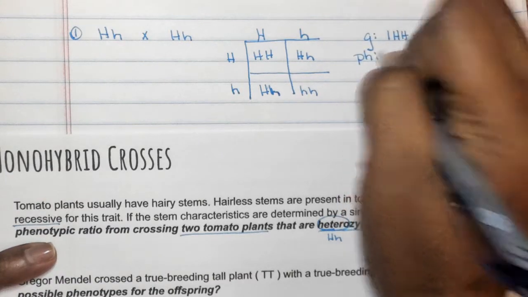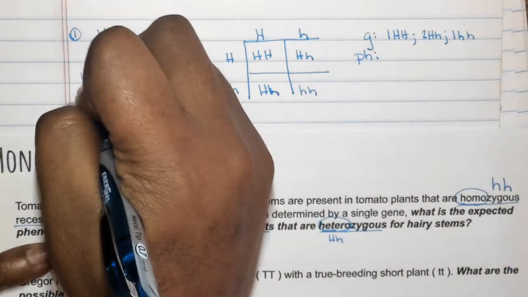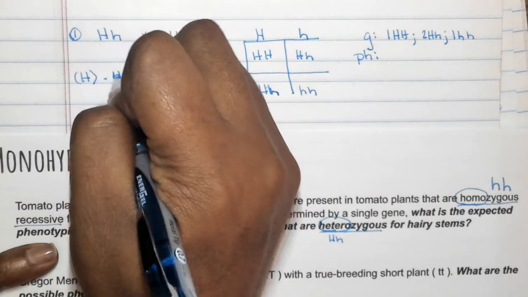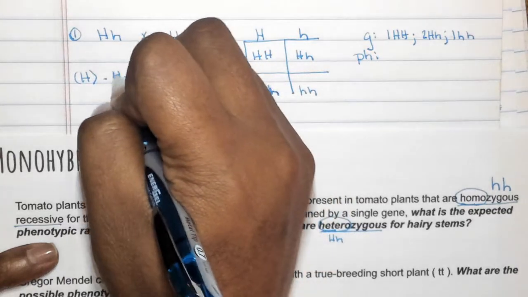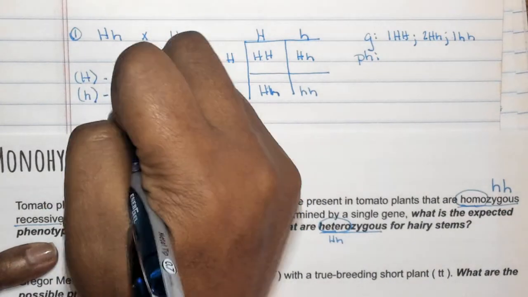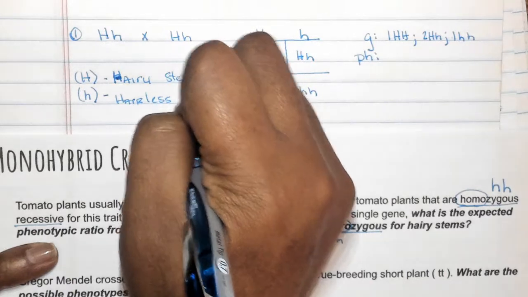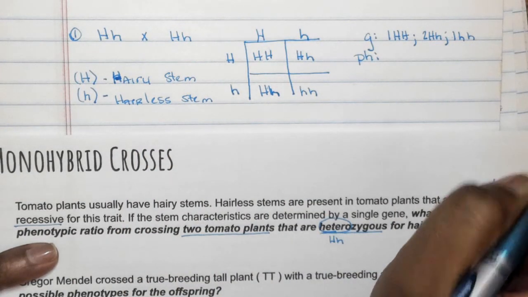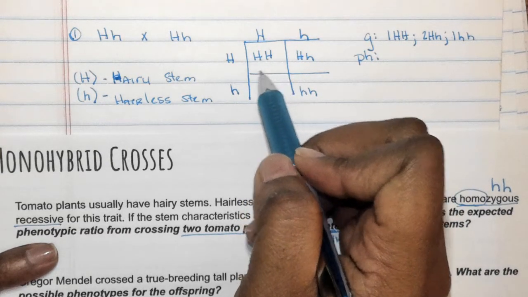Now, to answer the question, I know that the big H means that it has a hairy stem, and two little h's would mean that it has a hairless stem. So the phenotype for this one, two big H's, is hairy stem.